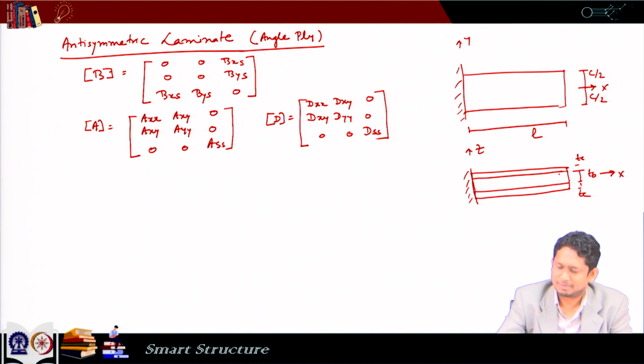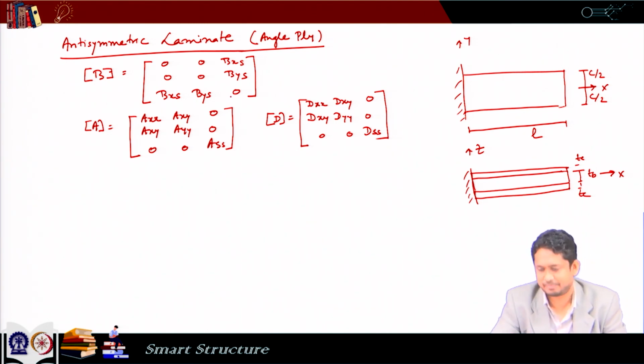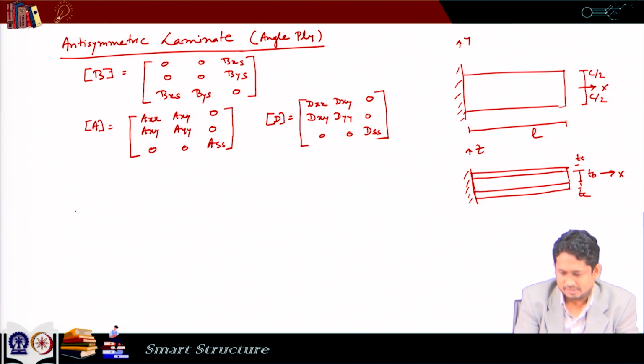Now, there is no coupling between the in plane normal strain components and in plane shear. There is no coupling between bending and twisting, but there is a coupling between in plane normal strain components and torsional strain. So, we need to approximate both u and W and solve it accordingly.